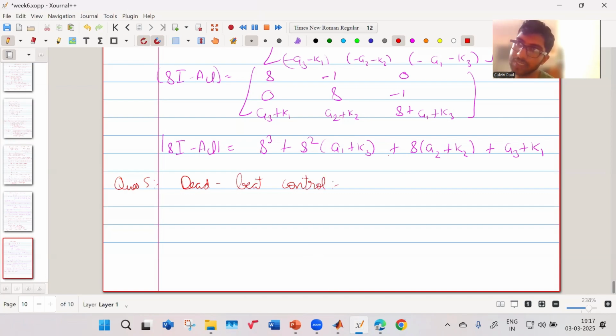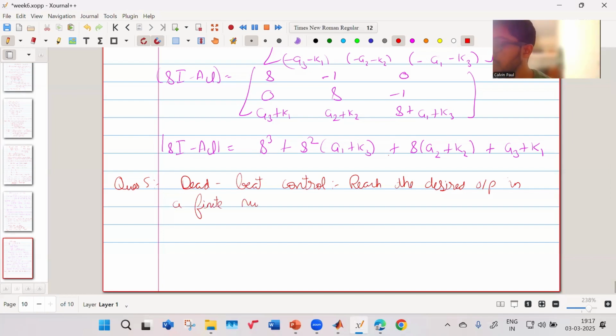Deadbeat control means that you reach the desired output in a finite number of steps. And this is only possible in digital control.